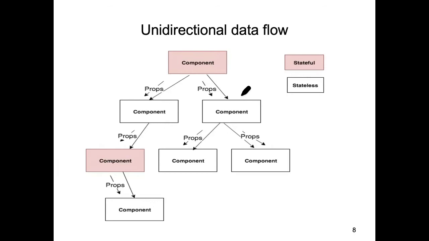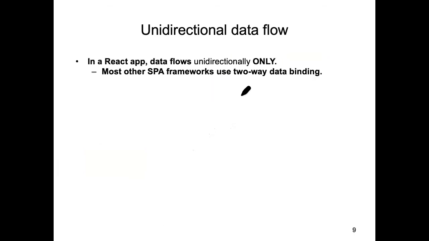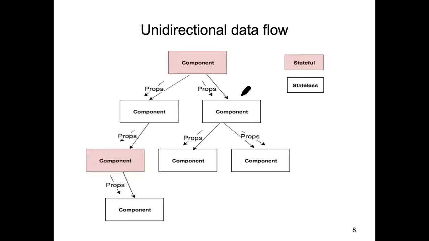Okay, so we need to appreciate all of those aspects at this stage. And I'm just documenting them here. Later on, I'll explain how you get to decide what components should be stateful and which should be stateless. But in general, it tends to be the case that only a small number of components are stateful.